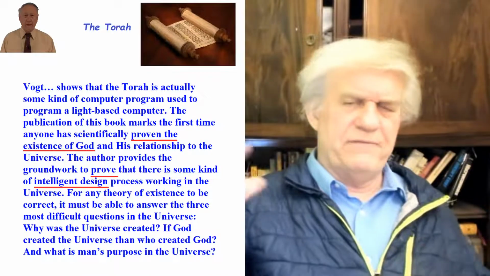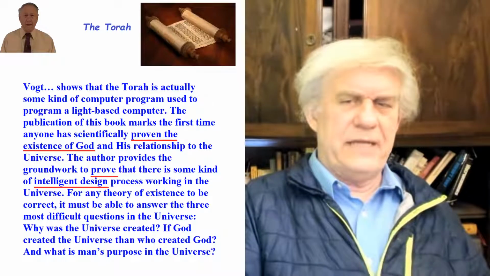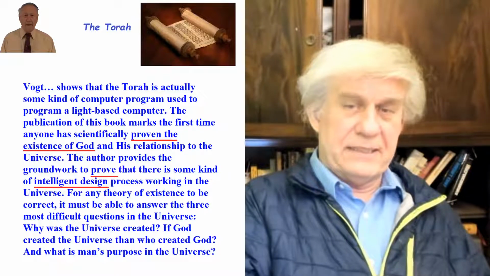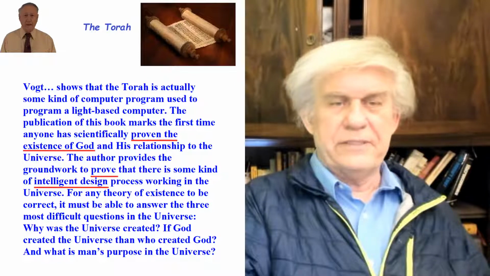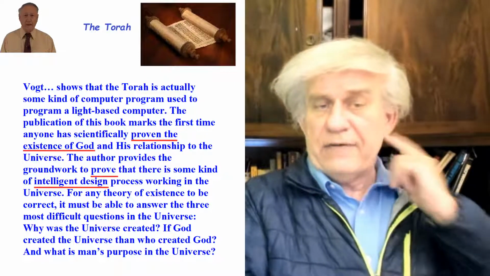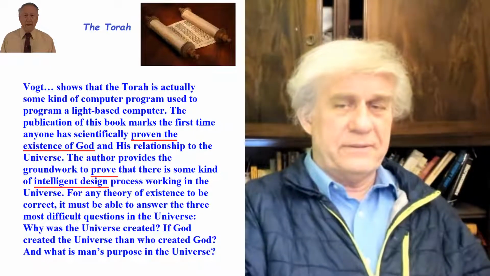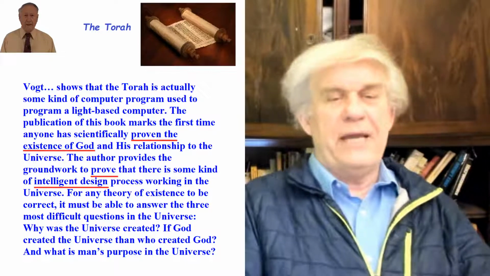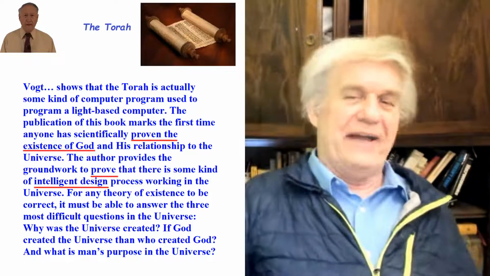The chip really developed very fast after that, right? Even a little before that, but 1980, I entered the industry in 1979, so I was quite familiar with the whole trend. Worked there for many years, and it says kind of computer program used to program a light-based computer. Whoa, okay. The publication of this book marks the first time anyone has scientifically proven the existence of God.